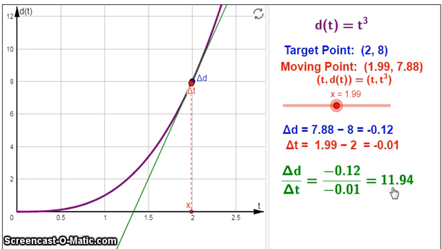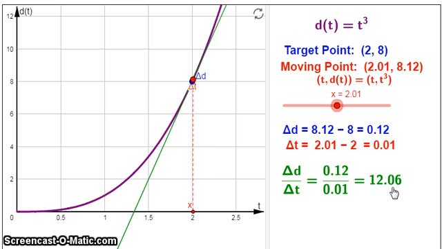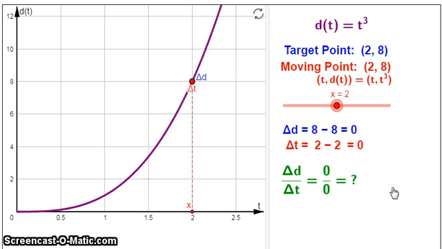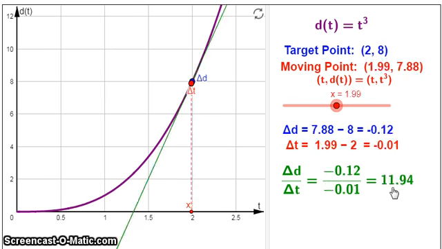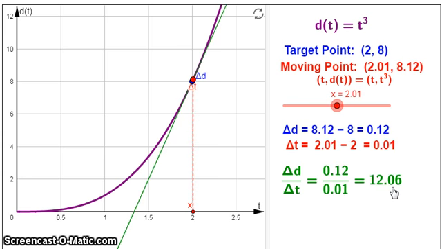At 1.99, my slope is 11.94. At t equals 2, my slope is undefined. And at t equals 2.01, my slope is 12.06. So it seems reasonable that the slope at that point should be 12, or could be 12 at least.